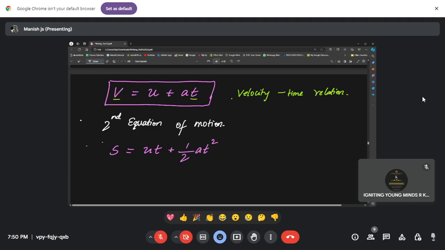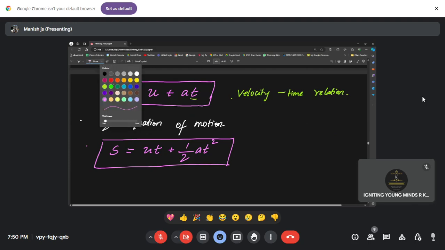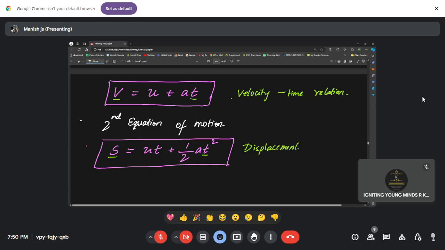So that's the second equation of motion. We can say it's a displacement time relationship. Okay, the second equation relates displacement and time. So this is the second equation of motion.